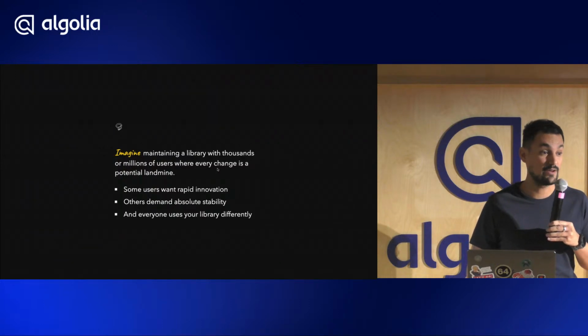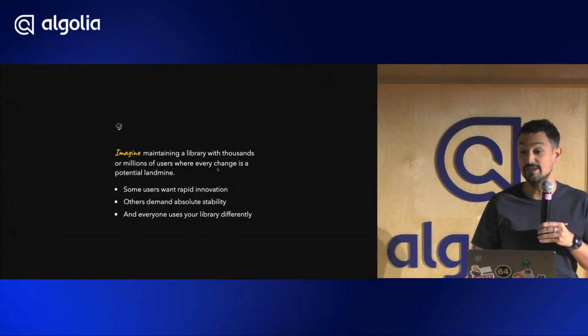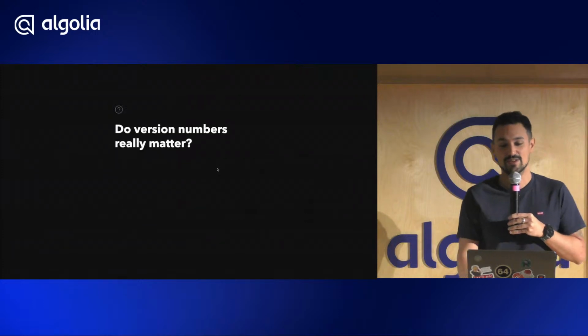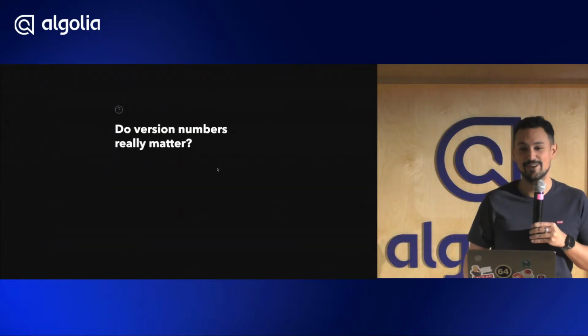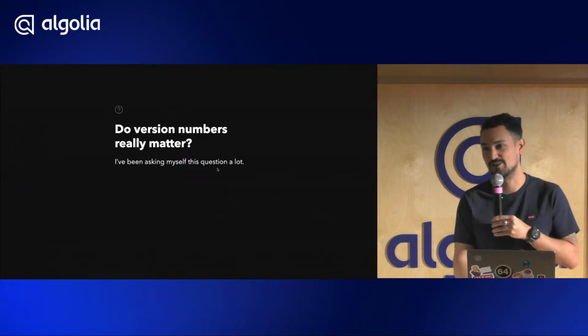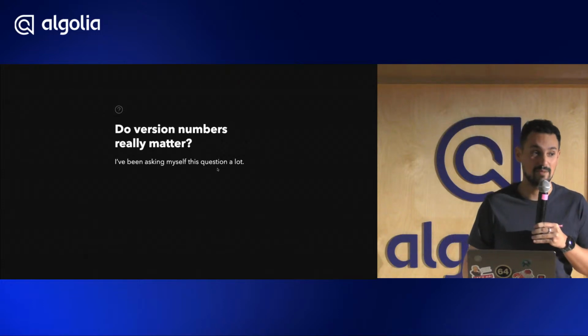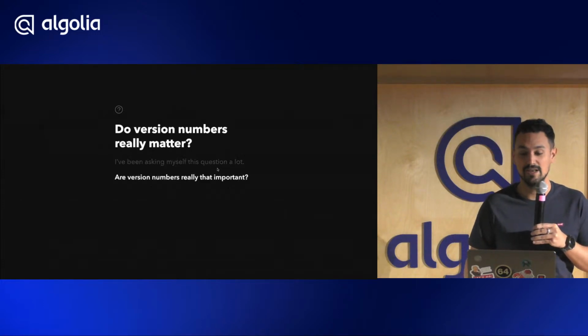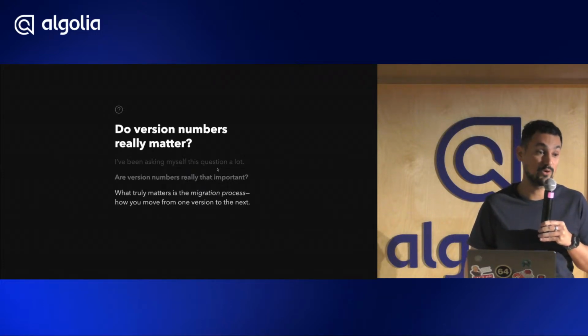And obviously, everyone uses your library differently. So in the end, it's a question, a little bit provocative, but do version numbers really matter? I've been asking myself this question a lot while I'm handling Bootstrap. Are version numbers really that important?